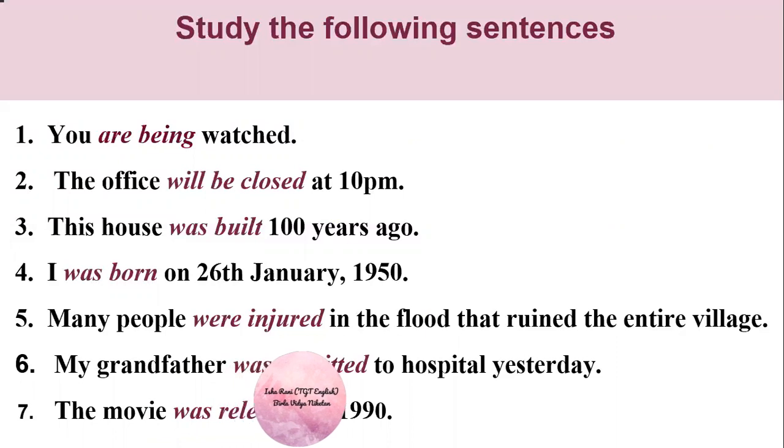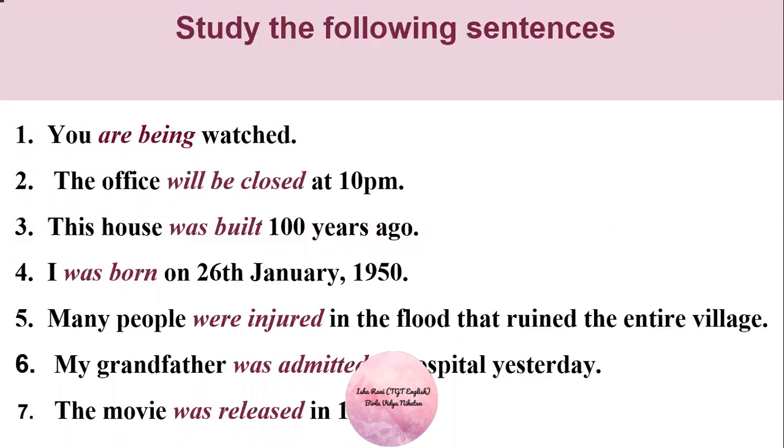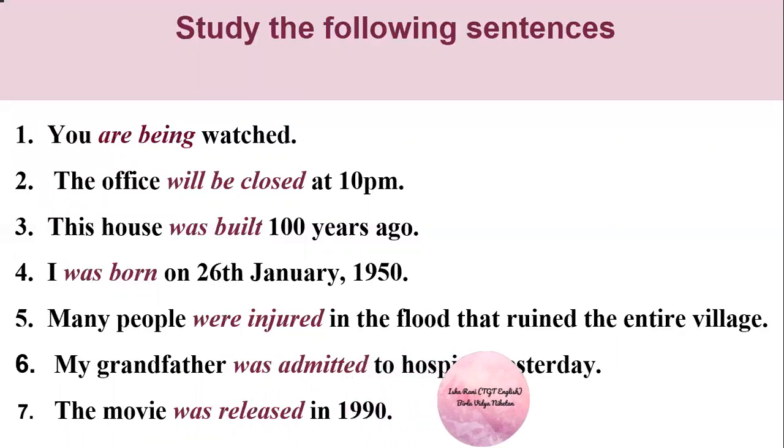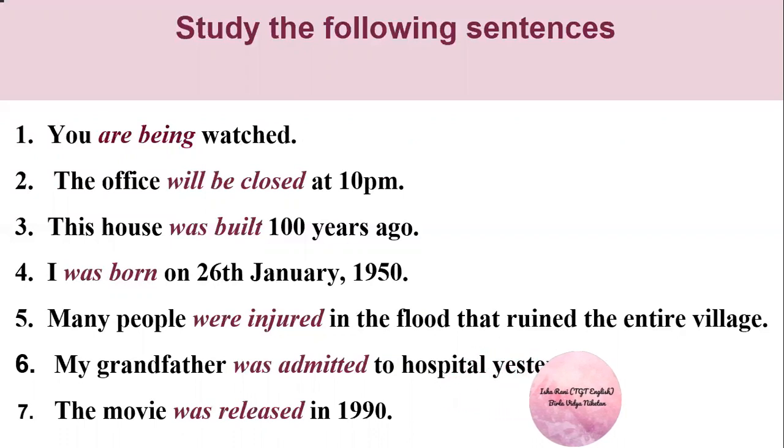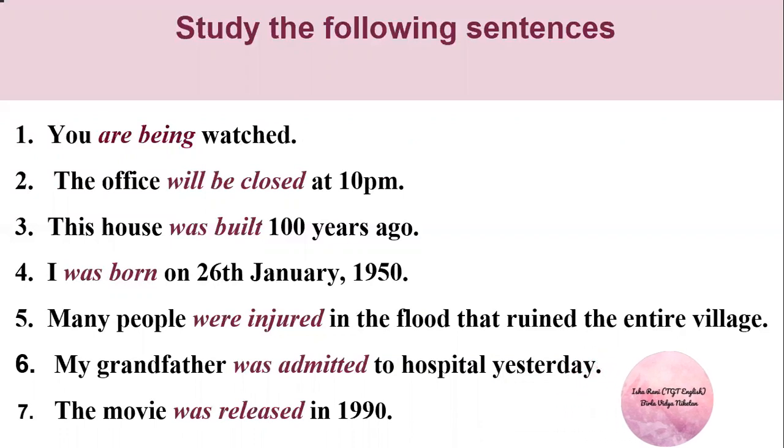The important information is the closing of the office. Hence, it is better to say the office will be closed at 10 p.m. In the third example, if I say someone built this house 100 years ago, well, anyway, it is not known who built it, so there's no point mentioning it. You can simply say this house was built 100 years ago.